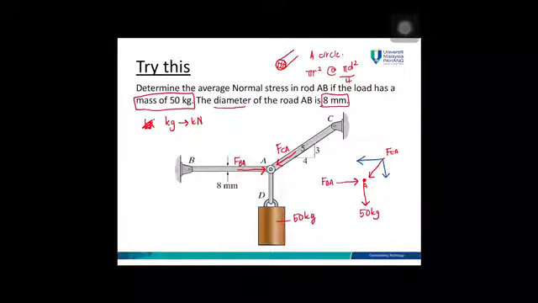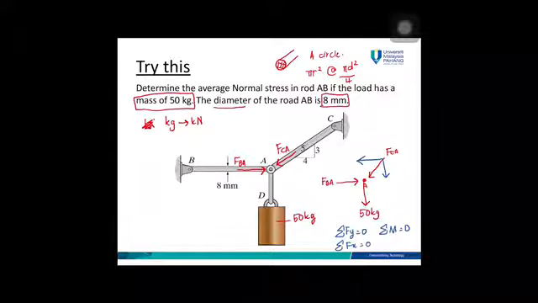And then by using equilibrium equation, summation Fy is equal to 0, summation Fx is equal to 0, or summation moment is equal to 0, then you can have the FCA and FBA value.